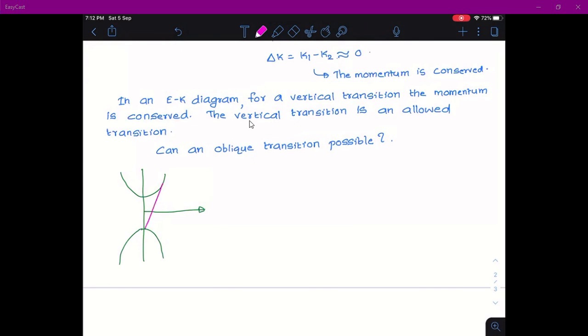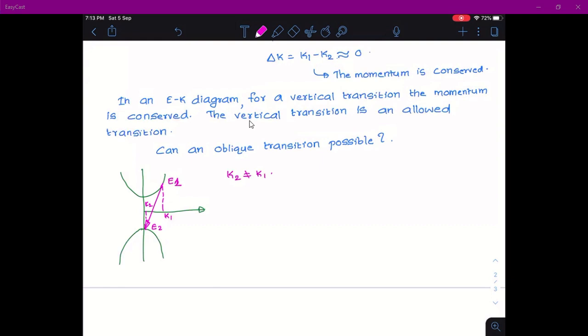This will be easy to demonstrate, and it will also be the same when you consider photons. Let's say an electron at the E2 level jumps to the E1 level at the valence band, or let's say this is jumping from E1 to E2. For E1 you have a momentum K1, at E2 you have a momentum K2, and we are assuming that K2 is not equal to K1.